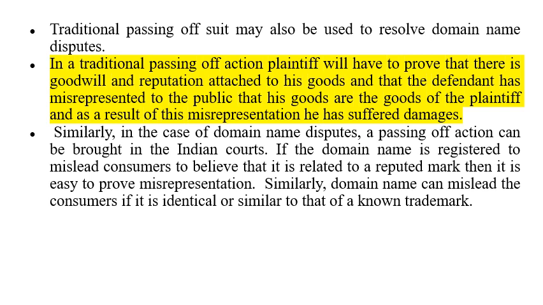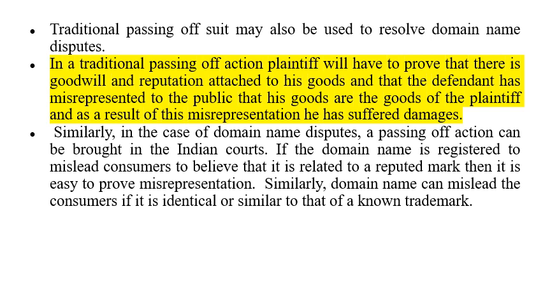And if you file for the traditional remedy of passing off, you need to prove that there was certain amount of goodwill and reputation that was attached to the goods of the plaintiff, and the defendant, that is a person who has registered the domain name, has misrepresented to the public that his goods are the goods of the plaintiff, and as a result of this misrepresentation the plaintiff has suffered damages. So these three are the grounds of passing off that a particular plaintiff has to prove in order to get a particular domain name registration cancelled, right?